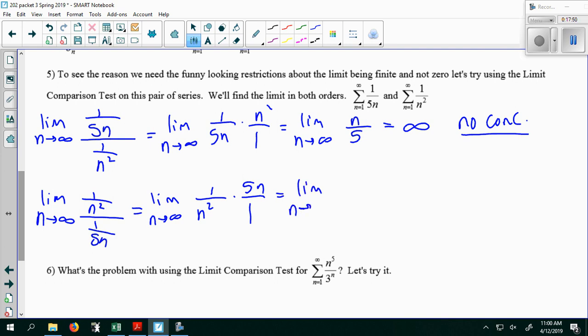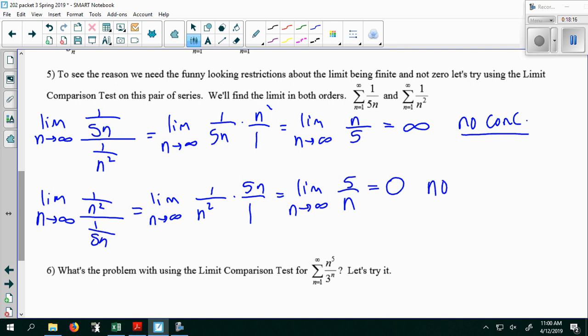My n's cancel, and I get 5 over n. What does that go to as n goes to infinity? 0. So this one came out infinite, this one came out 0. That's what we would assume would happen for two series that have different behaviors, right? That we would get infinity or 0.